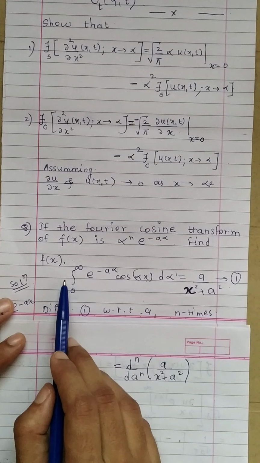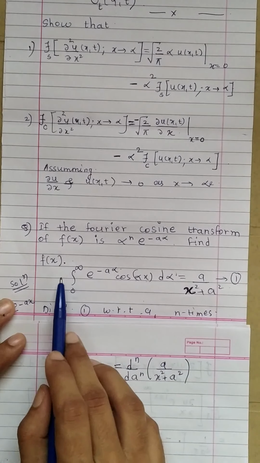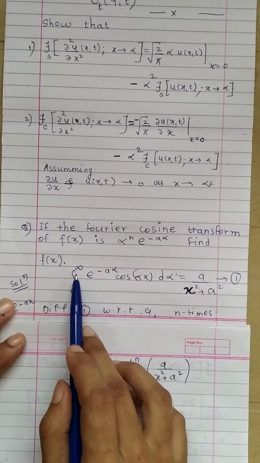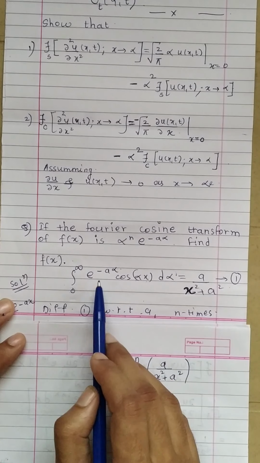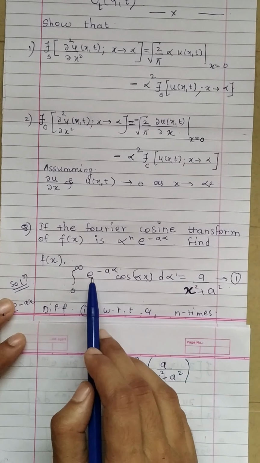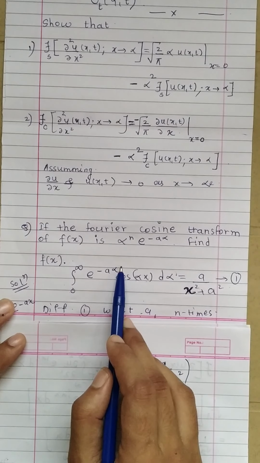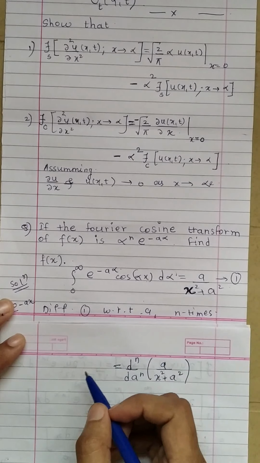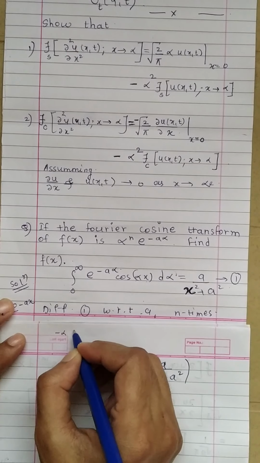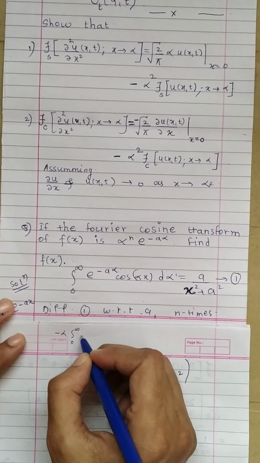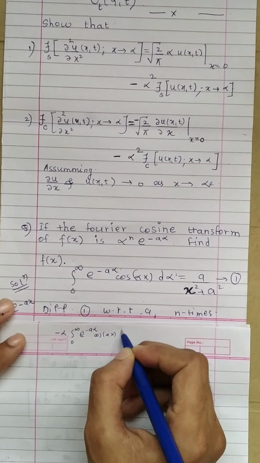When I differentiate with respect to a, see here the integration is with respect to alpha. So when I take it inside, what will be the partial derivative with respect to a only of this function? It will be minus alpha into e raised to minus a alpha. So when I take the first derivative, what I will get is minus alpha integral from 0 to infinity e raised to minus a alpha cos of alpha x d alpha.